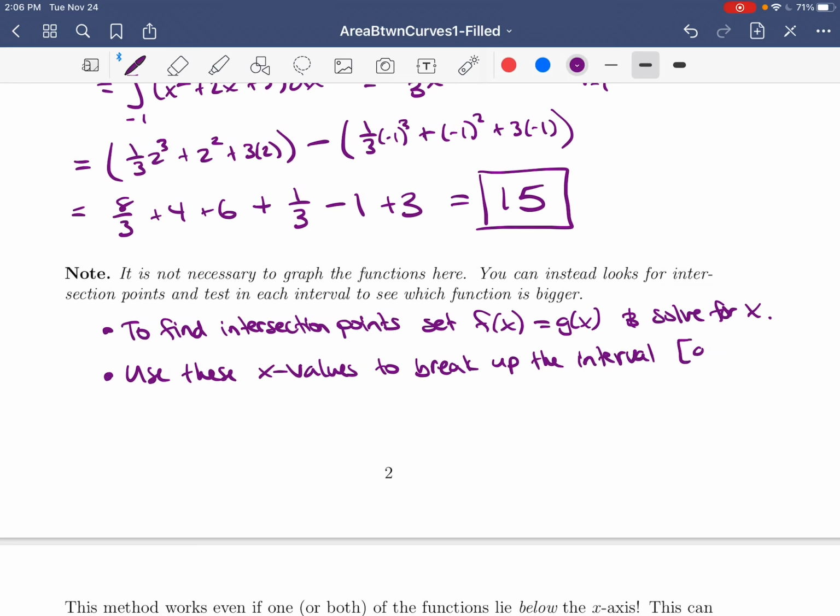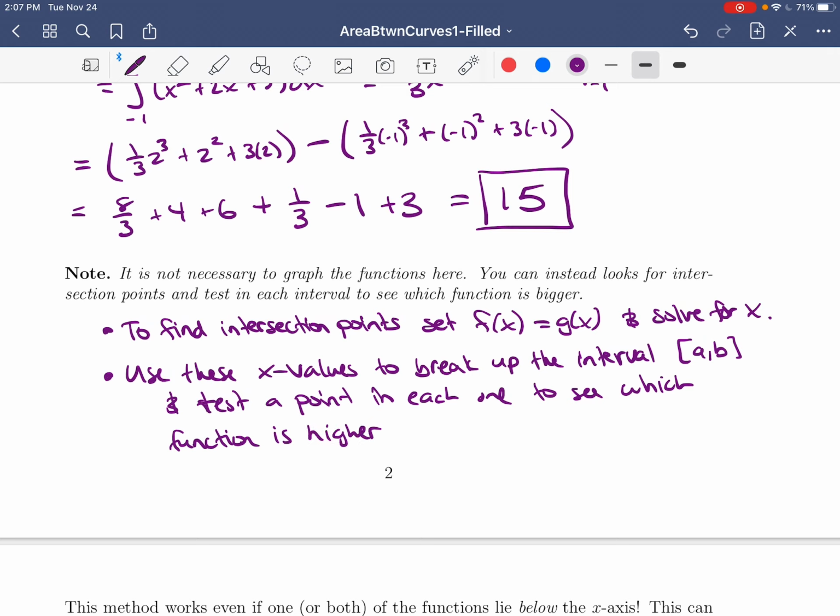So this is from A to B, where we want to compute the area. And then we want to test a point in each one to see which function is higher.